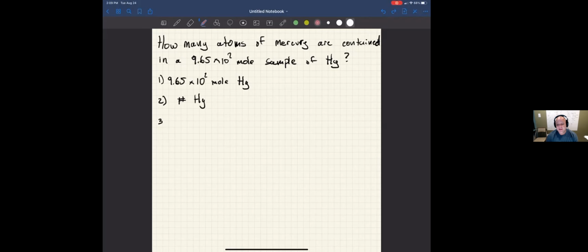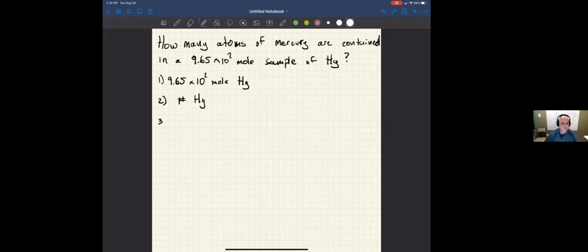If the symbol contains only one element and only one quantity of that element, so mercury is one element, and there's only one of them there, the subscript one is understood, then the proper vocabulary word after mercury is atom.